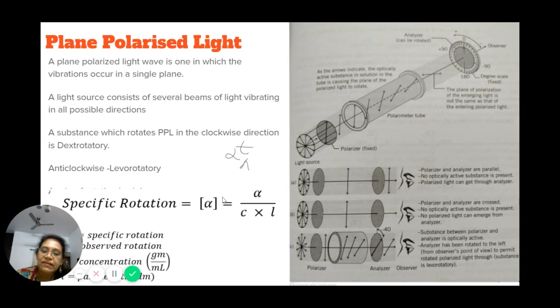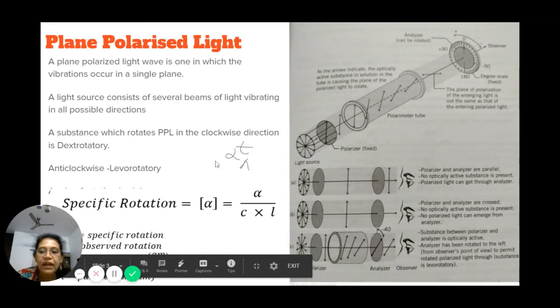This T represents the temperature at which the particular experiment has been done. Like if it is written 25 degrees, that means the measurements have been done at 25 degrees centigrade. And here we have lambda written, which refers to the wavelength of the light which has been used. The concentration, again I am telling you, is in grams per ml, and the length of the tube is always taken in decimeters.